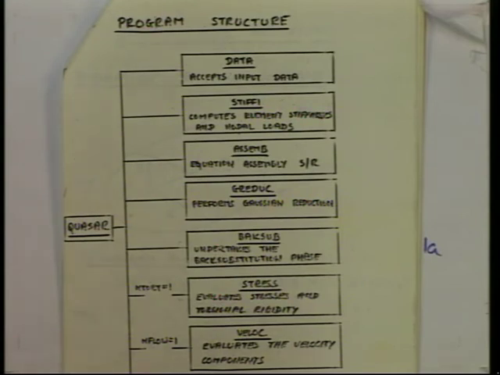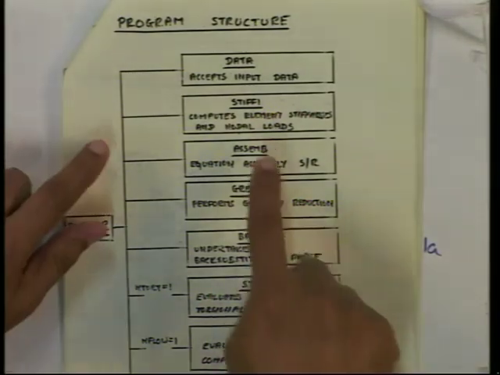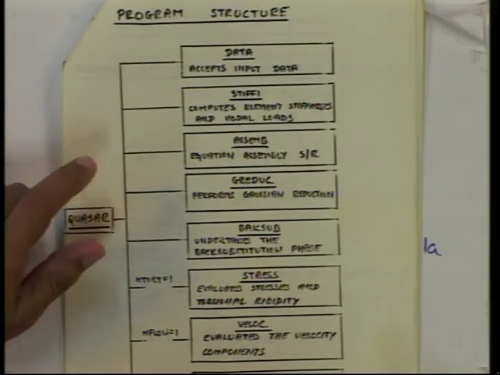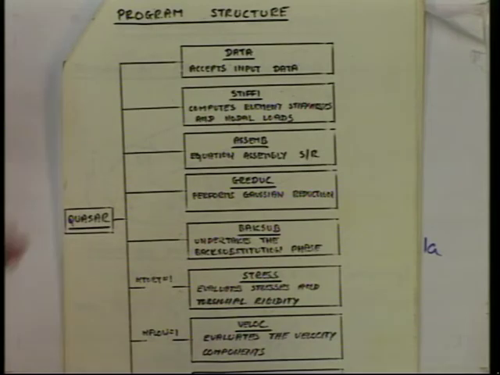Then you should have the element properties. What are the element properties? There should be one program wherein you define your elemental properties, that means K and F of the element, the stiffness and nodal loads.